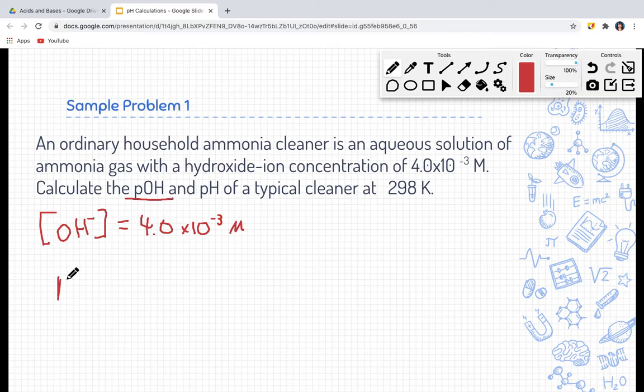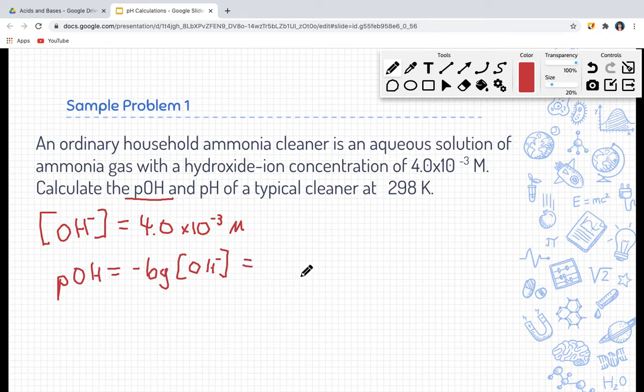So if you check that little roadmap, it tells you that pOH is equal to the negative log of your concentration of hydroxide ions. Okay, this P means take the negative log of whatever follows it.